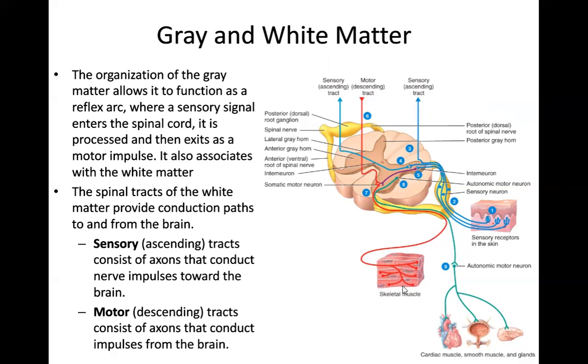And now, if it's an autonomic reflex, like when we're sweating or when we speed up our heart rate or something like that, things that we don't control and have typically no awareness of, we're going to carry a signal from an autonomic motor neuron out of the spinal cord, eventually to those effectors, cardiac muscle, smooth muscle, glands, which we'll talk more about in our next lecture, which is all about somatic and autonomic stuff.